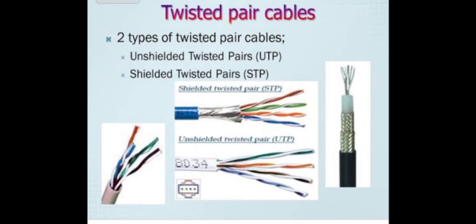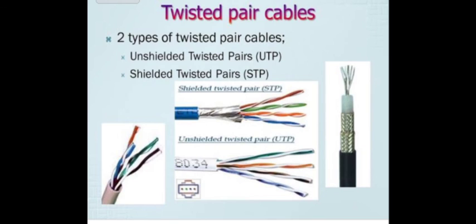As the name suggests, unshielded means it does not have any shield on the outer covering, while the shielded twisted pair has an outer shield to protect from the hazards around the cable. Shielded twisted pair is also known as STP and unshielded twisted pair as UTP.